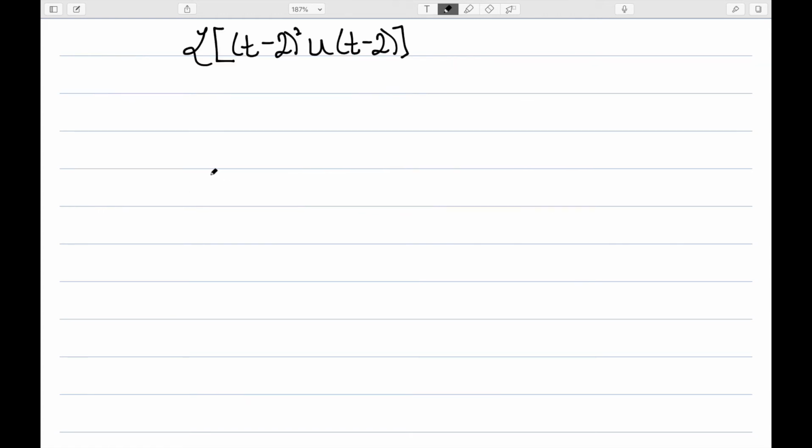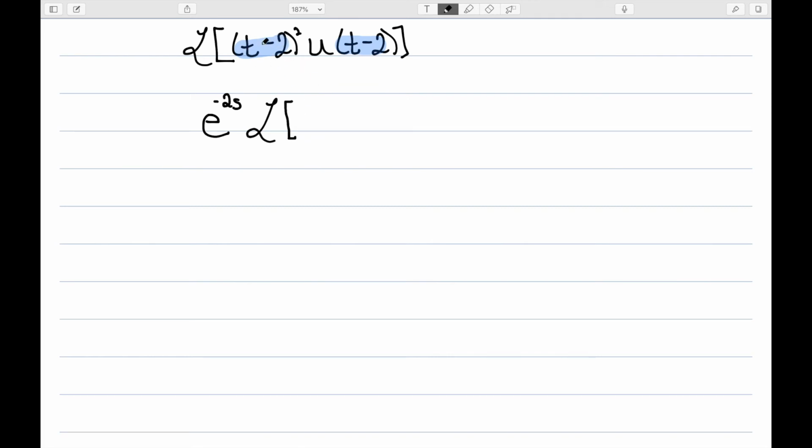Here I have the transform of t minus 2 squared u of t minus 2. In this case, they both have the t minus 2. So this is going to be e to the minus as, so minus 2s, times the transform of f of t.